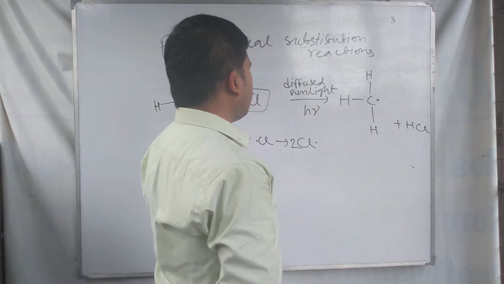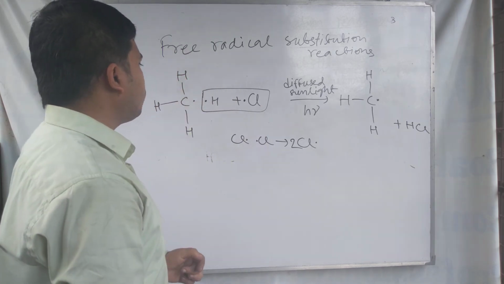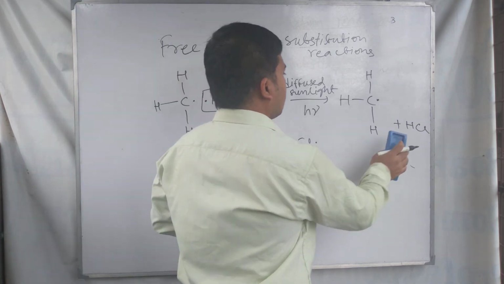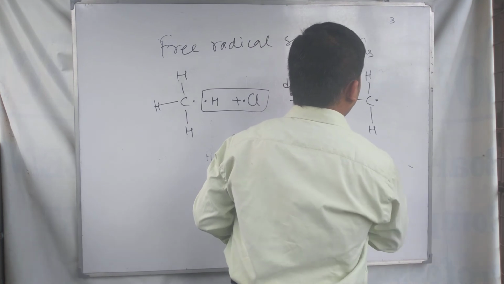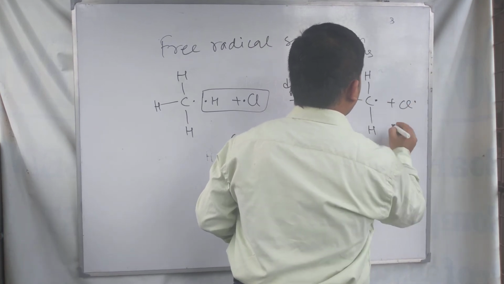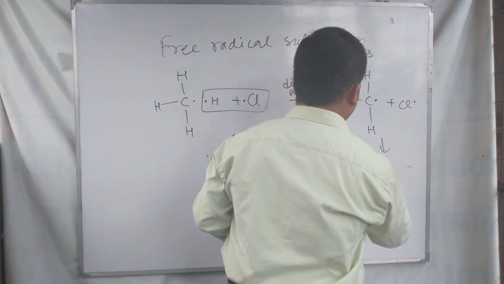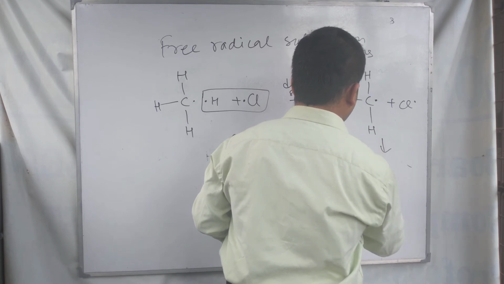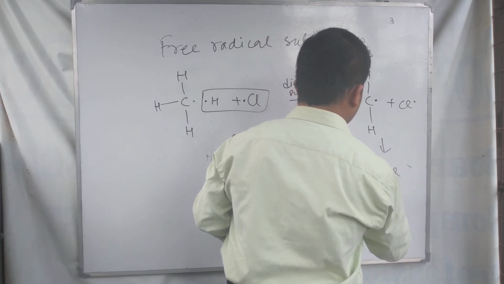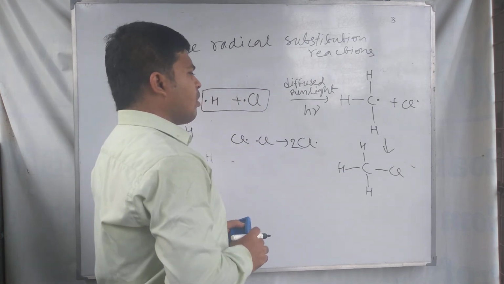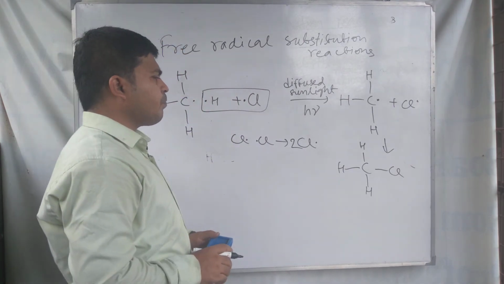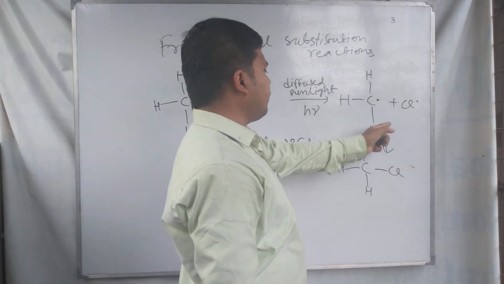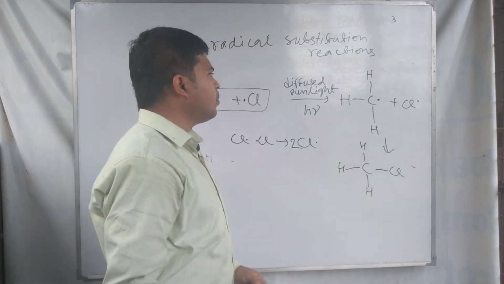The methyl radical then reacts with another chlorine radical, and the methyl chloride molecule is formed.